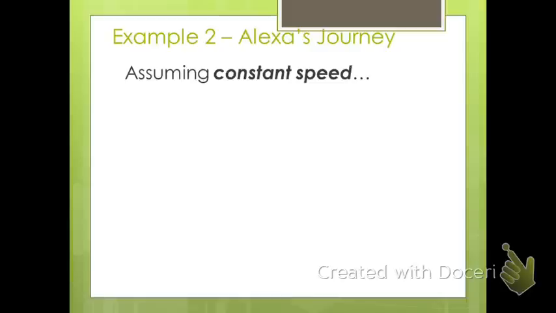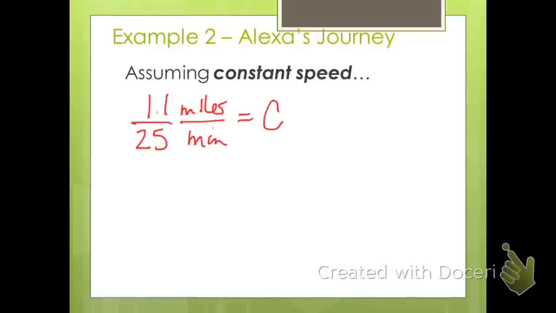So if we assume constant speed for Alexa's journey, we would have what we started with, which was 1.1 over 25, miles in minutes. We could say that is constant. That is her speed over the entire trip.